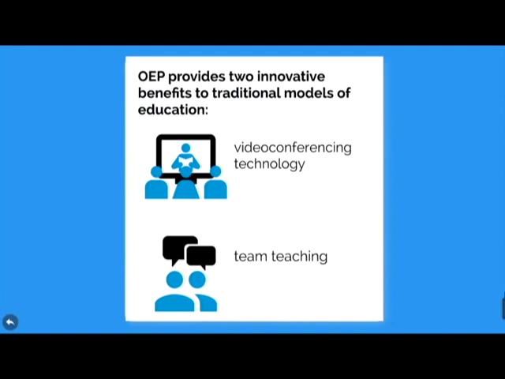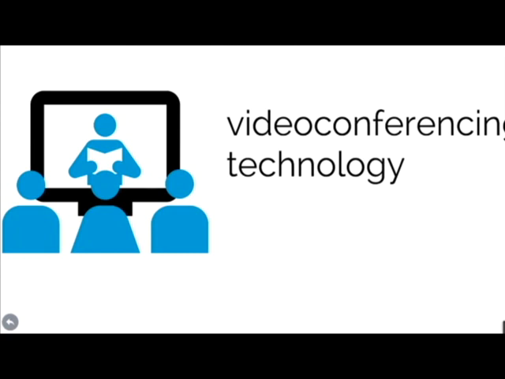There are two very important components to the OEP that set it apart from a traditional classroom setting. In a traditional model, students work face-to-face with one teacher. The OEP moves the classroom into the future through the integration of technology and new pedagogical approaches. The first new component is video conferencing.